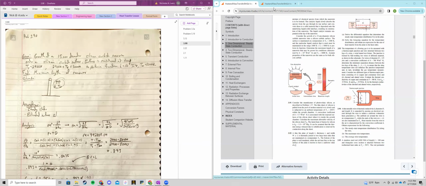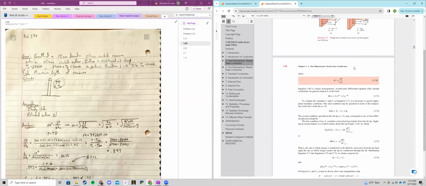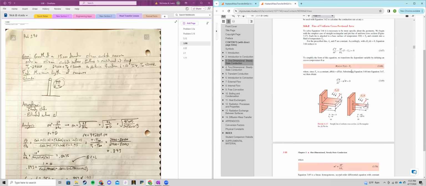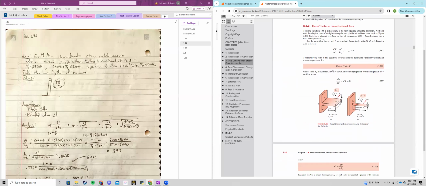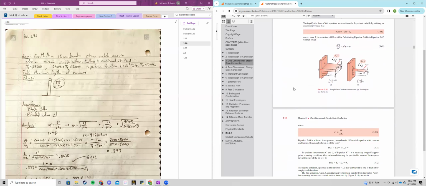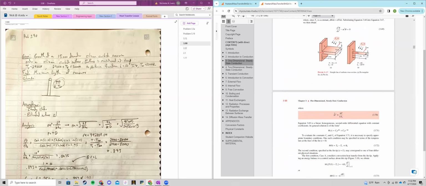So, heavy reliance on the textbook here. We were looking at fins of uniform cross-sectional area. So here we have the exact same problem, or sorry, similar geometry here. So we're going to follow most of these equations. Here we would need to find an m value.